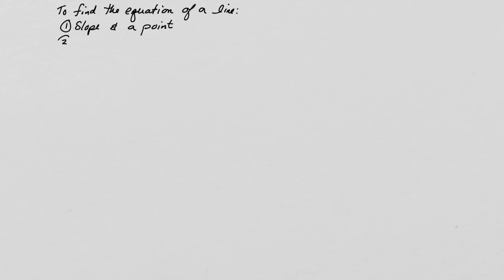Then the second thing I do is I use point-slope form. So point-slope form is the following: y minus y1 equals m times x minus x1. And then the third thing I do is I solve for y.